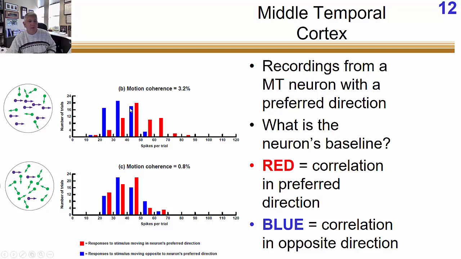So now, if we move in the opposite direction, from right to left, we start to get a decrease from baseline firing rate.